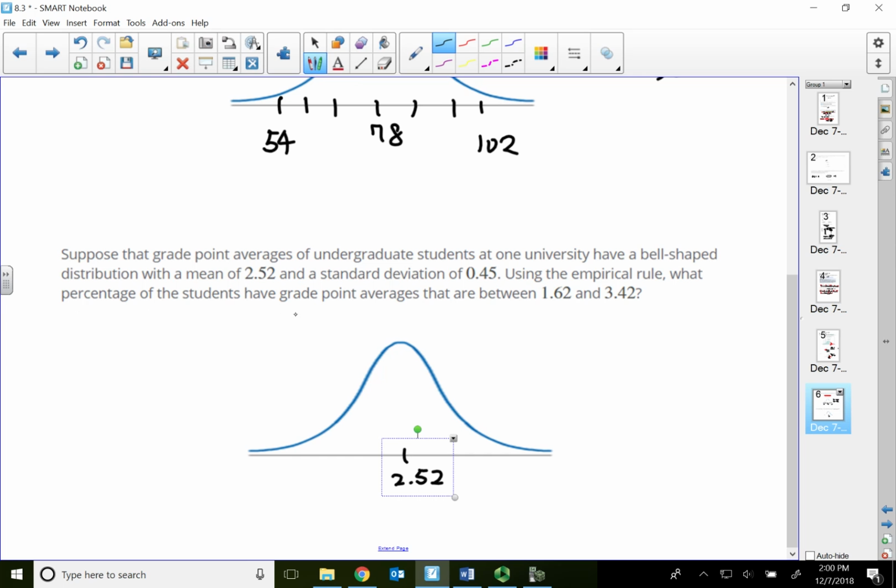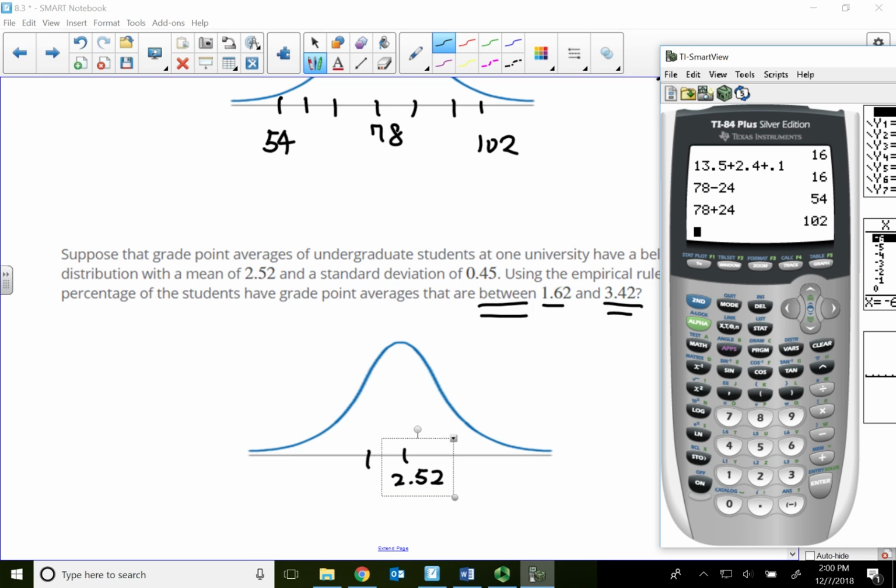What percentage of students have a grade point average that's between 1.62 to 3.42? So let's find this 1.62. 1.62 is to the left side of the mean. So if I go 1 standard deviation below, which is 2.52 minus 1.62, then I'm at 0.9.